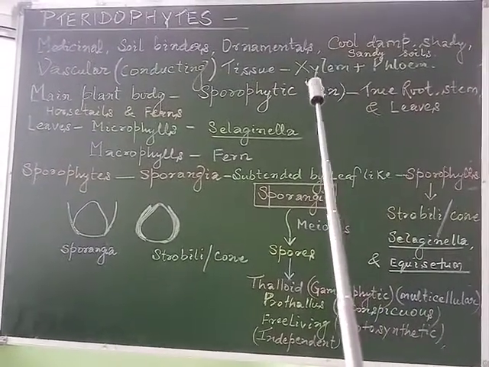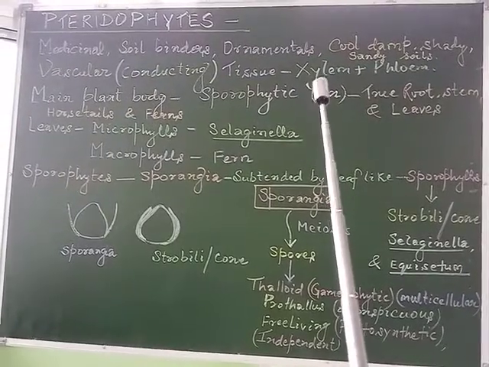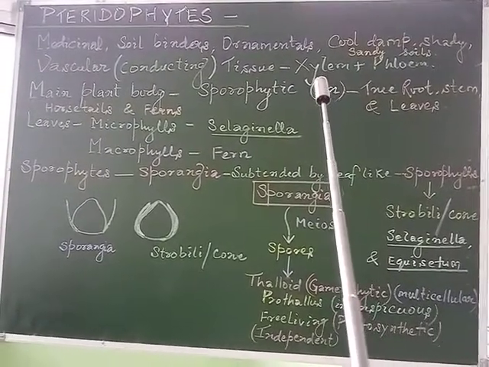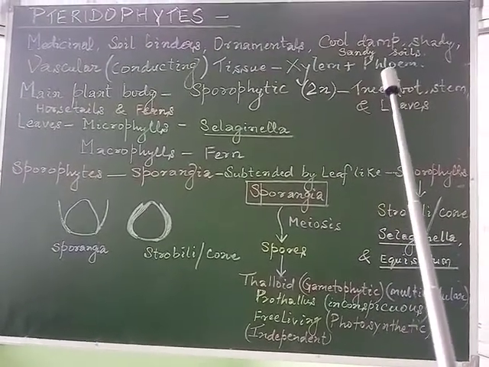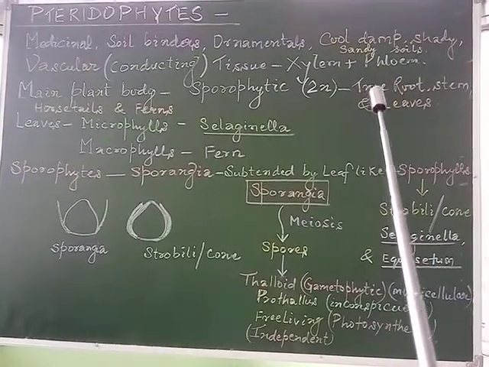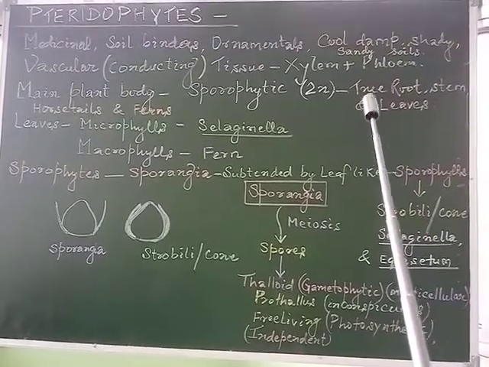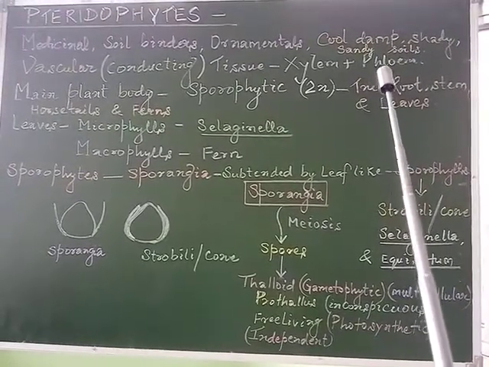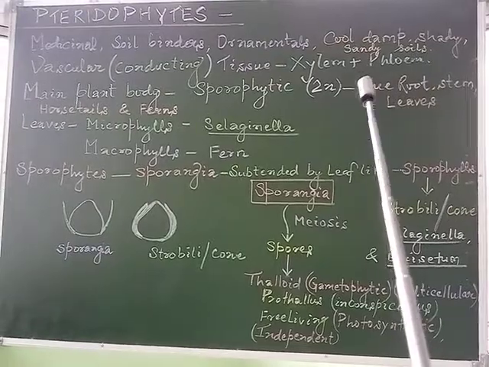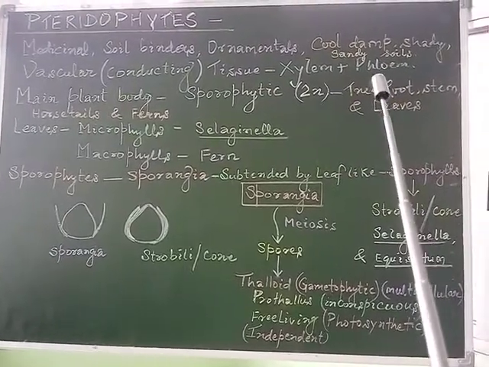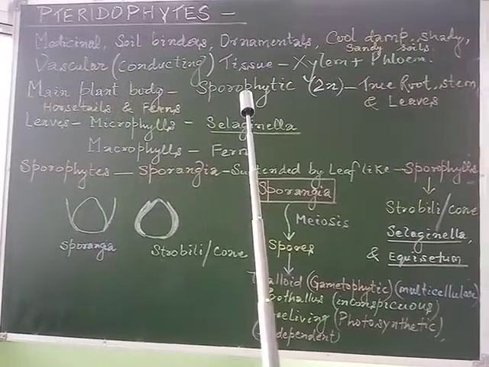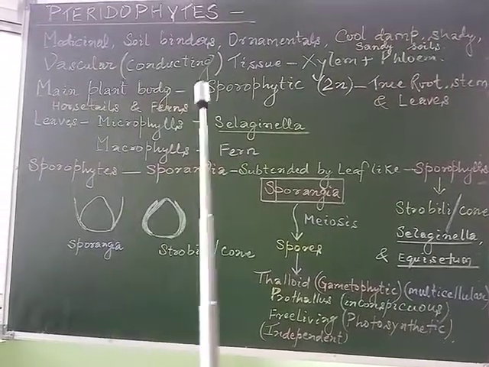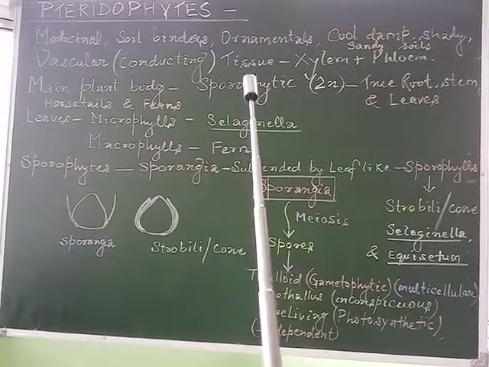We have discussed that xylem helps to conduct water and minerals within the plant body, whereas the phloem helps to conduct the reserve, most importantly the glucose, or the prepared food, from one part of the body to the other. So these are the first group of plants in which these vascular tissues are present.